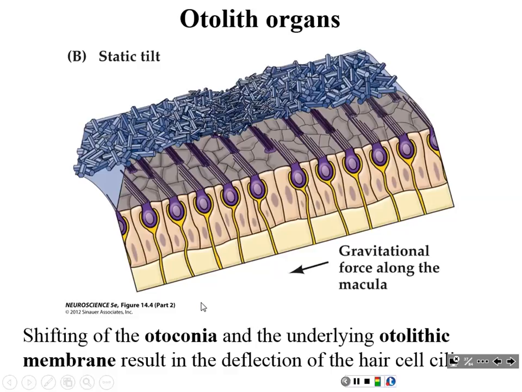You make a tilt with your head. And what is happening at the same time is that the otoconia are going to be attracted by gravity. So they're going to put pressure on top of the hair cells. And that pressure is what is going to make a deflection of the stereocilia, making them hyperpolarize or depolarize.